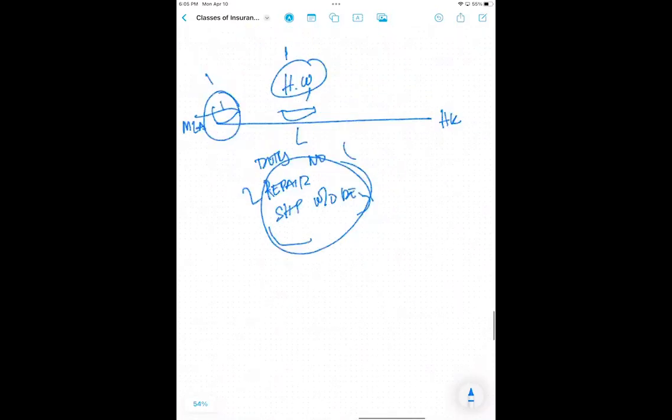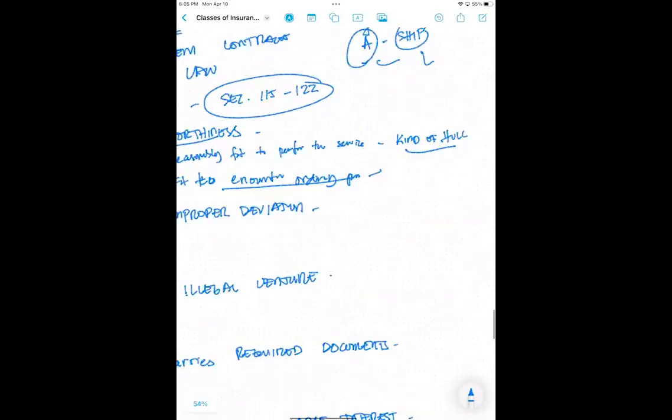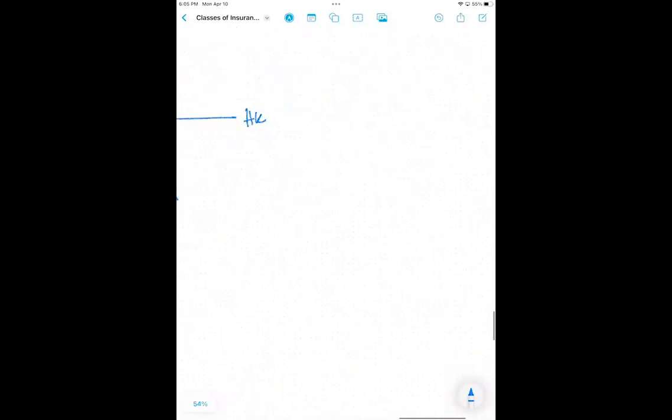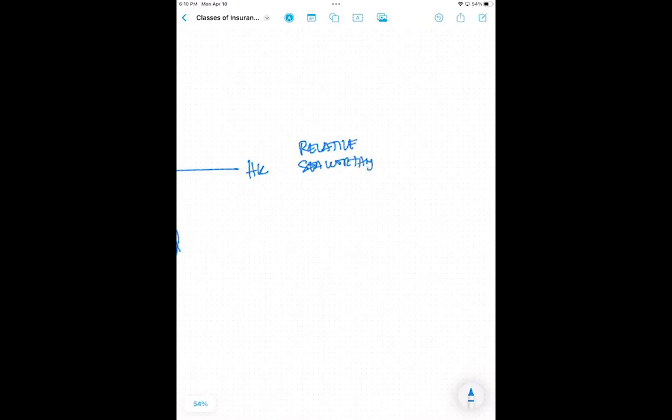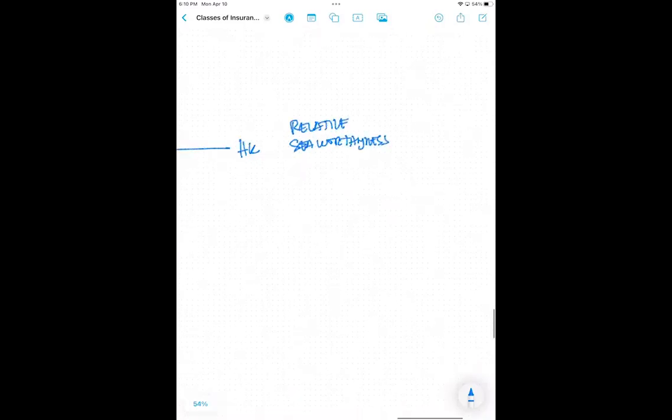Now, so relative seaworthiness. So relative seaworthiness. Okay, so this is section 121.